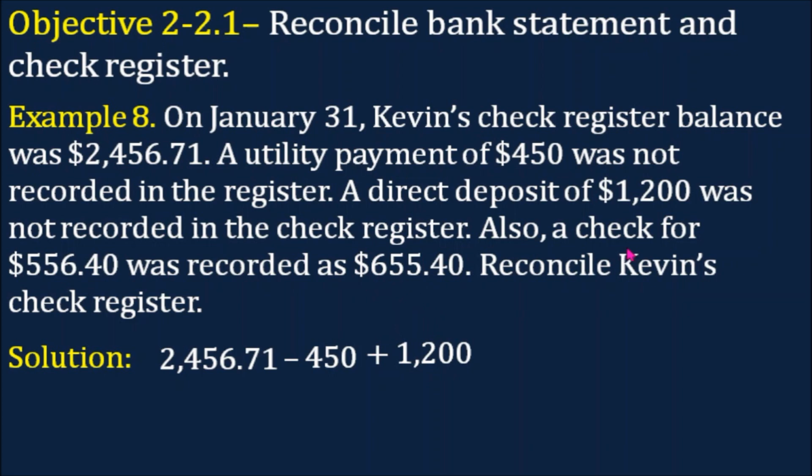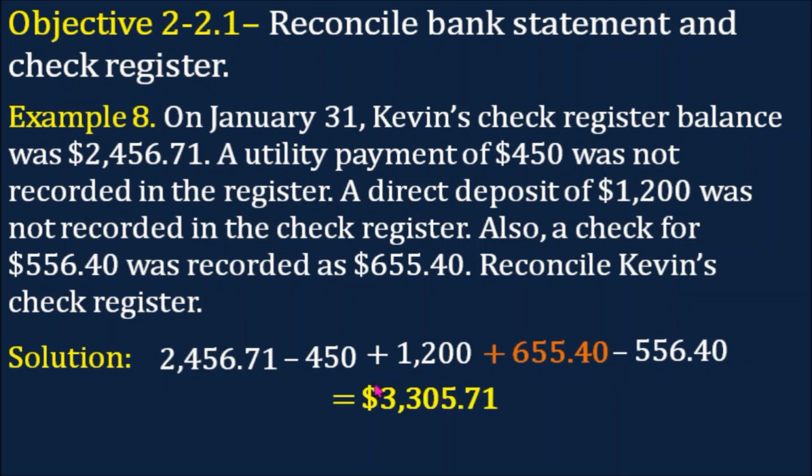Because it's a check, $655.40 was subtracted. So we are going to put it back. So we add $655.40. Then after that, we are going to subtract the correct amount, which is $556.40. Now performing the operations here, our answer is $3,305.71.